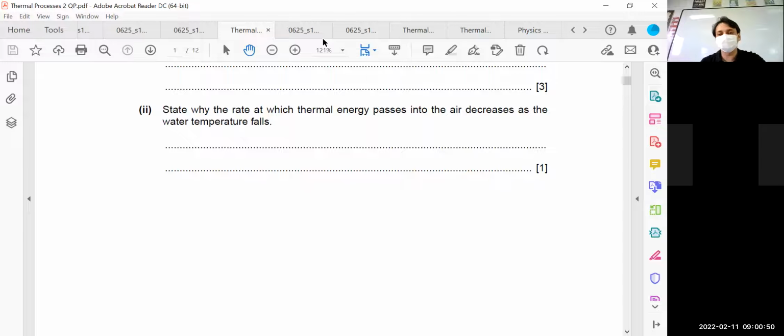What will be your explanation for this point, children? There's a reason why the water temperature falls. It means that it had already lost some thermal energy. So as the temperature of the water continuously falls, there would be less thermal energy that passes into the air, at a lower rate. Is it like that, sir?